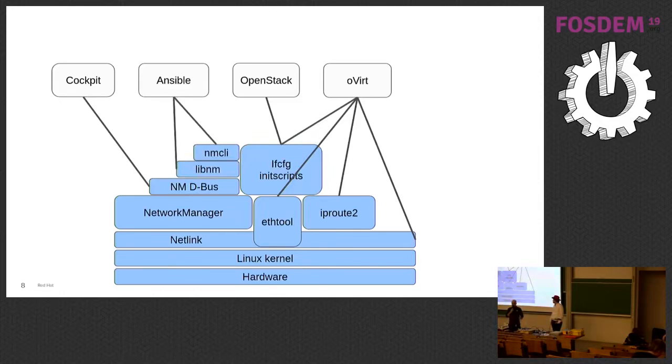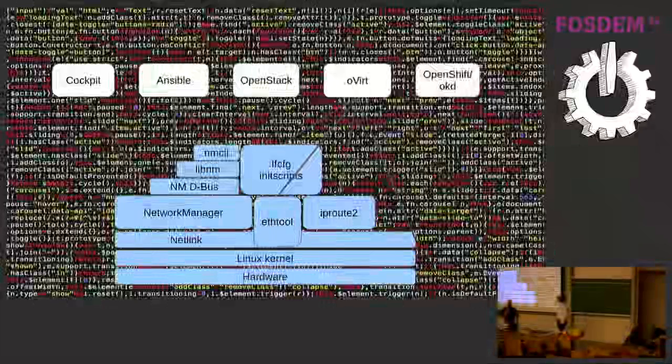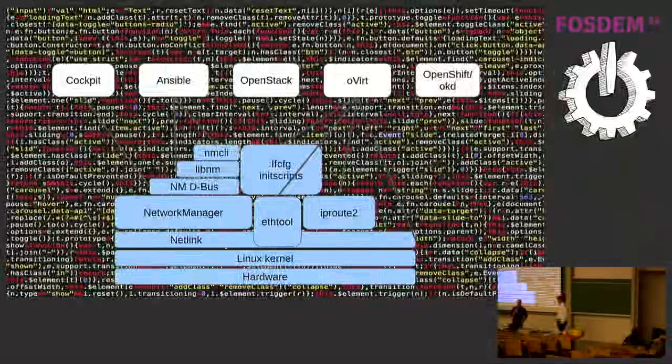There is also Ansible. Does anyone know what is Ansible? Okay. So Ansible also handles networking. It uses NMCLI and the libnm, which is a library that works with D-Bus. And there are other tools that don't know yet that they need to handle networking on the host, like Kubernetes, for example.